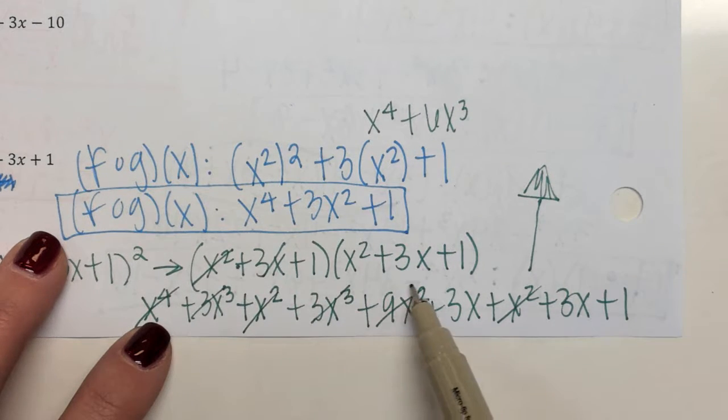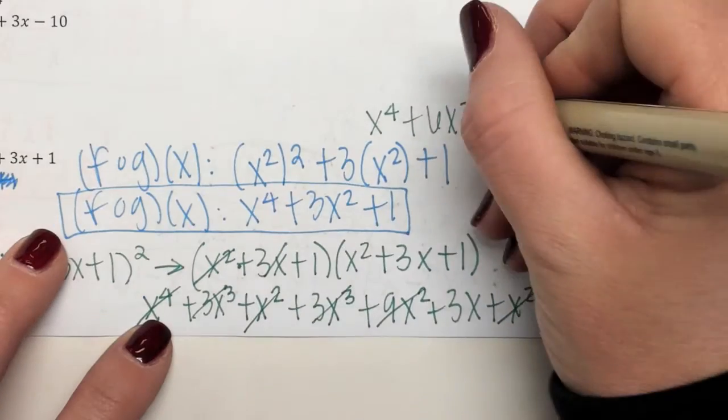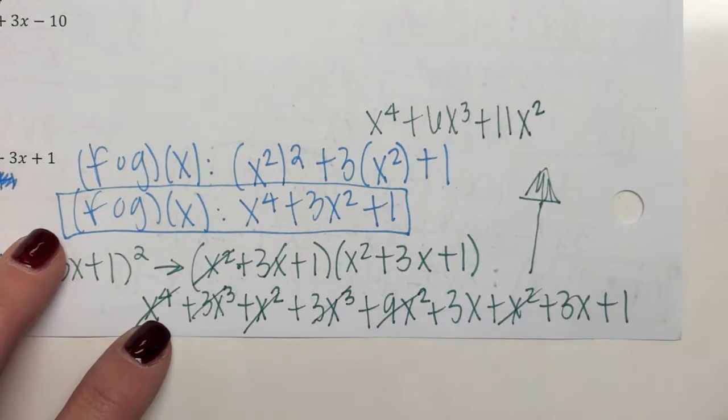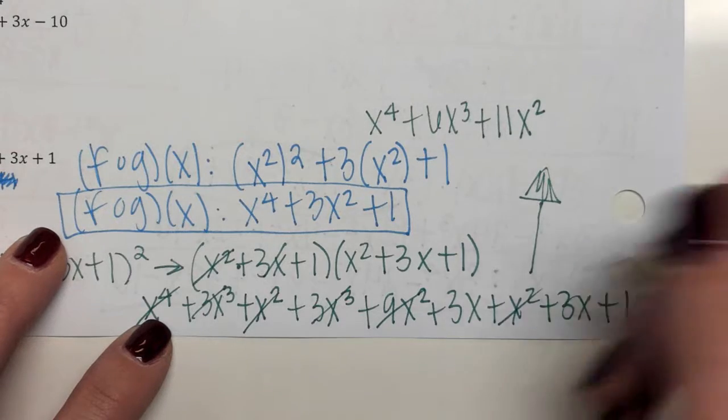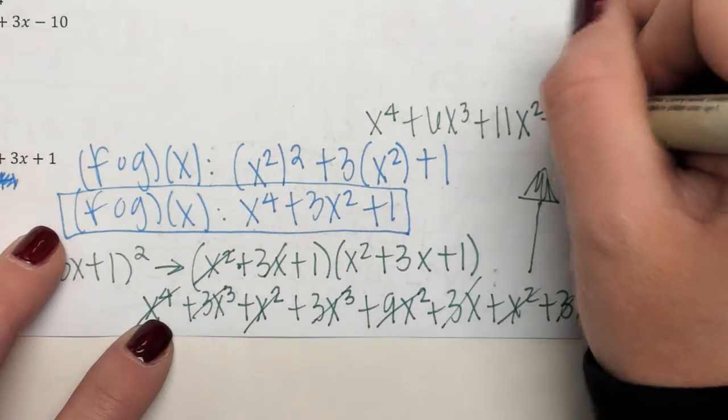We had x squared and 9x squared and then an x squared here. Oh gosh. I'm sorry, I just had a moment. Alright, next one. 6x. Good. 6x plus 1.